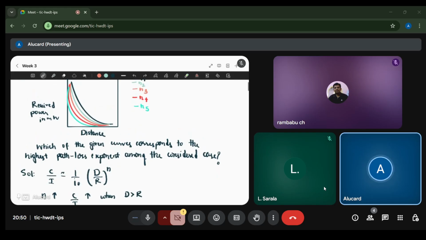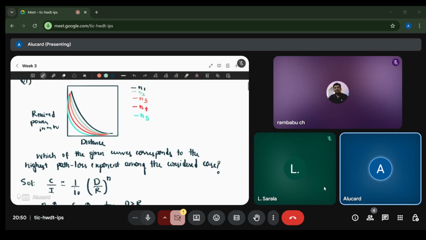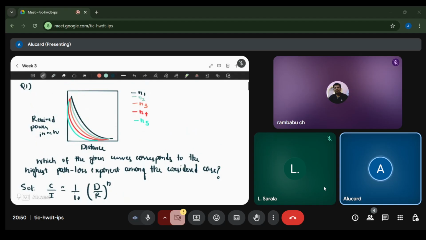So d over r is greater than 1, which means with increase in path loss exponent, you will get increased signal to interference ratio.